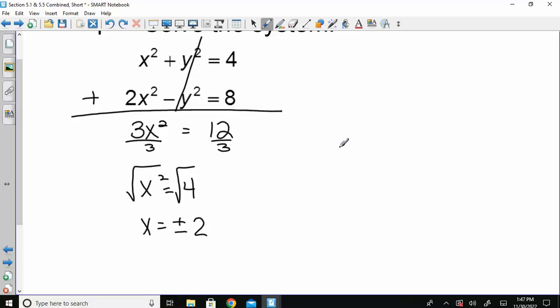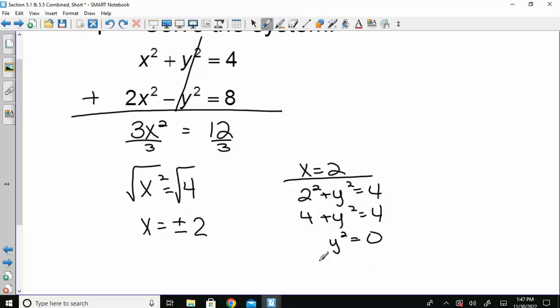All right, plug those in and find your y. So if we put in a 2, we get y squared equals 0. So y is 0.